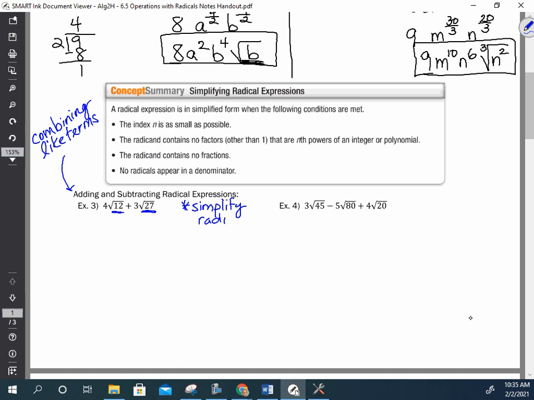So let's start with 12. You need 2 numbers that multiply to 12, one of them being a perfect square. So 12 breaks up into 4 and 3. Square root of 4 is 2. Square root of 3 stays.